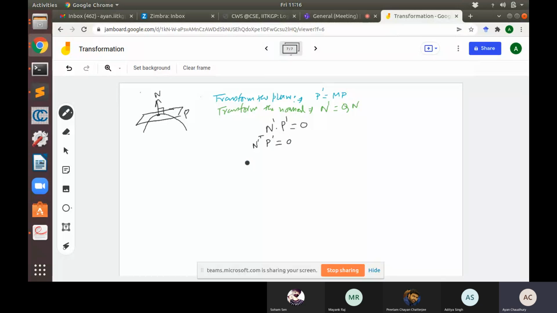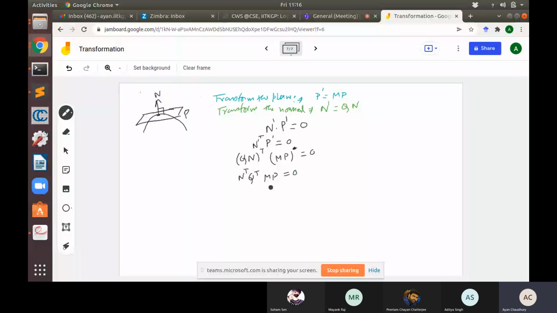Okay. So now we just replace the values with this thing. So (QN) transpose, and what is P prime? MP. Okay, there is no transpose. Okay, this is also 0. So we just take a transpose just to get a column and row type of thing. Okay? So we just rearrange things from here. Okay, so we can write N transpose Q transpose MP equals 0.